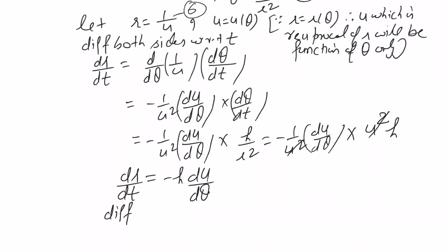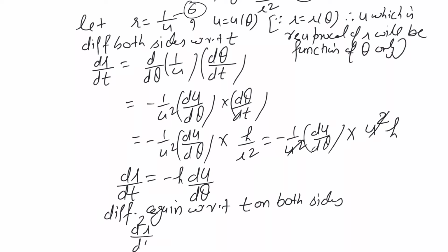Differentiating again with respect to t on both sides, we'll get d square r by dt square is minus h d by d theta. This will be differentiating with respect to theta because we have to use the composition.